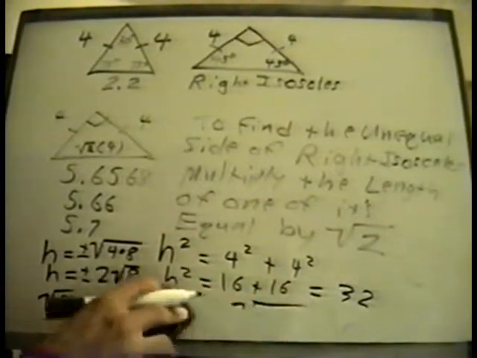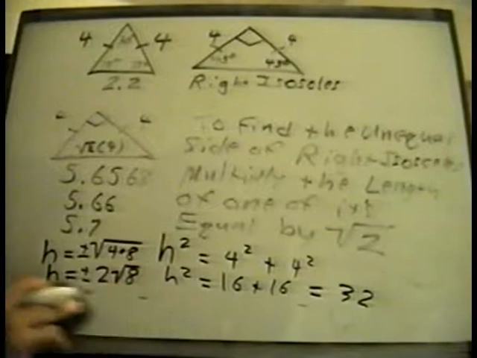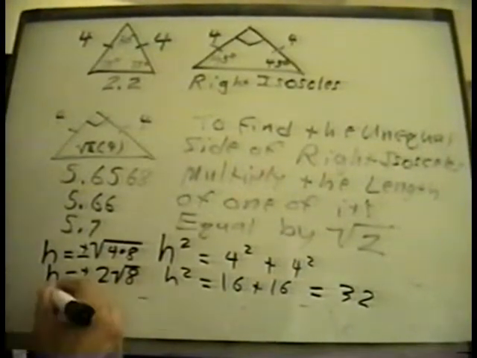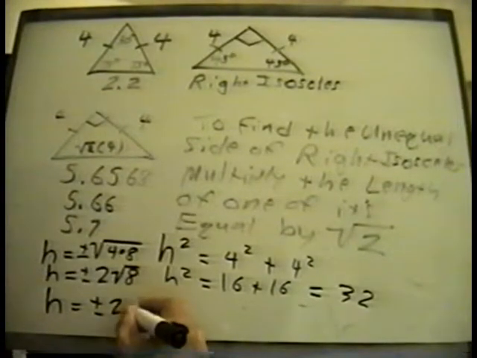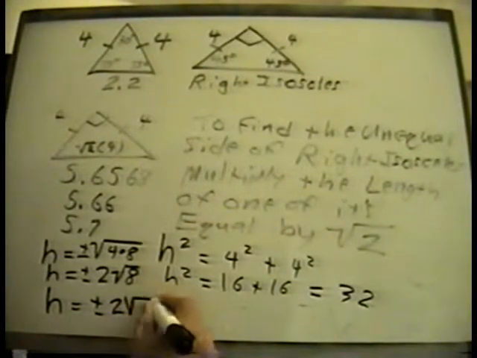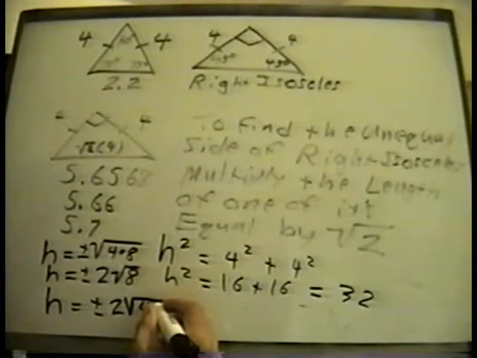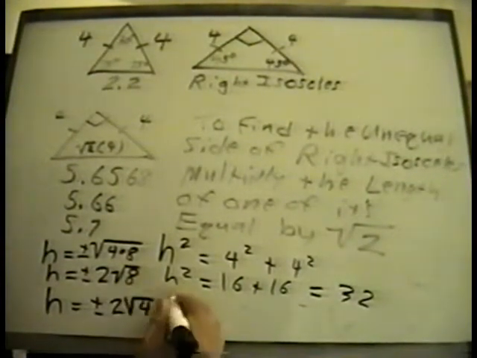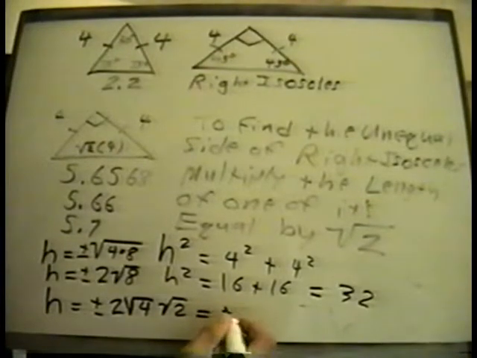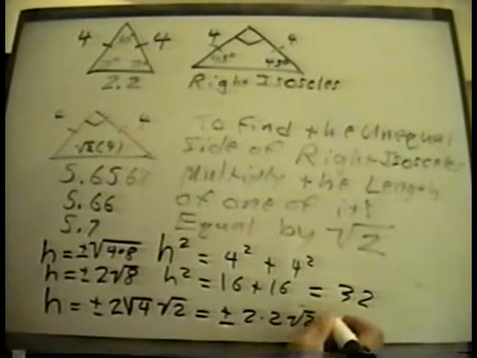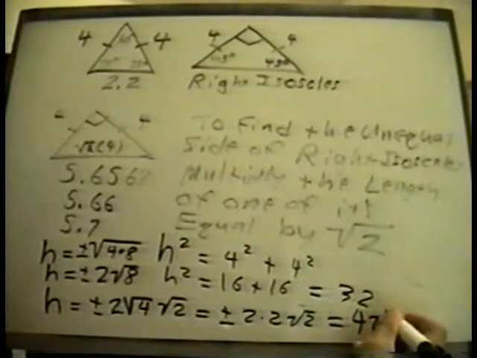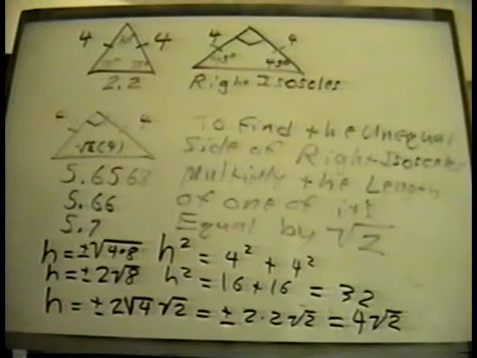Okay? So you end up with h equals plus or minus 2 square roots of 8, where the square root of 8 is equal to the square root of 4 times the square root of 2. Okay, and that's going to give you 2 times 2 times the square root of 2, or 4 square roots of 2.